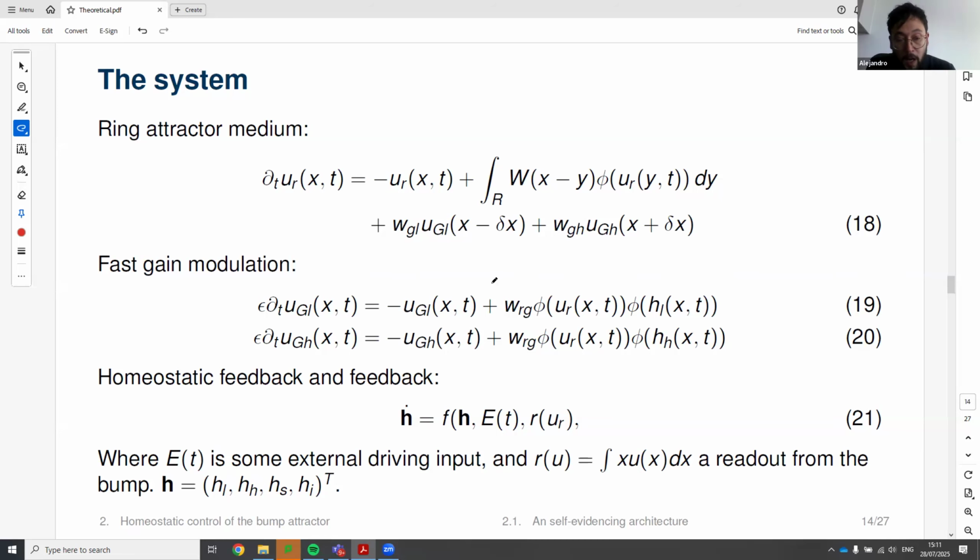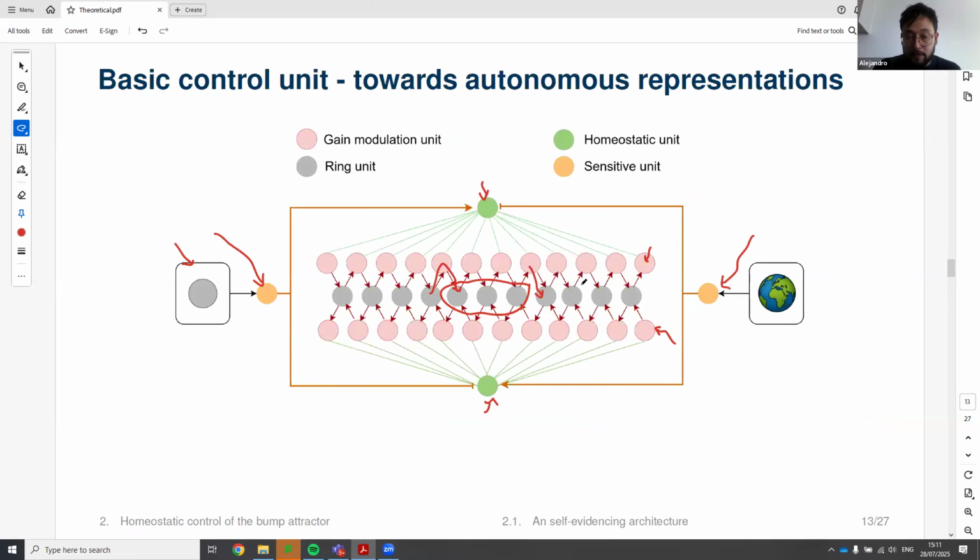I didn't add that because I'm not 100% sure, but the analogy I would like to make here is seeing this as some sort of field, like an electric field of potential, and then seeing the bump itself as sensing and acting on the environment by moving, or essentially occupying different states of the environment.